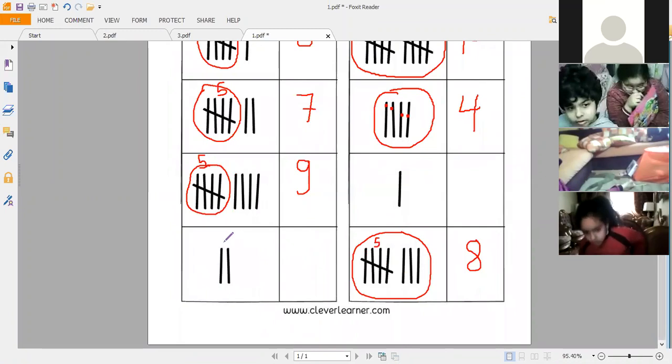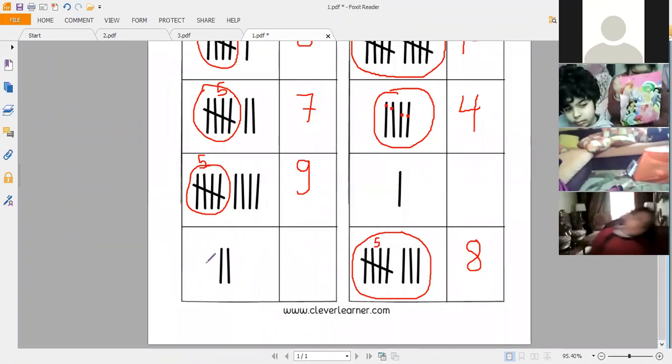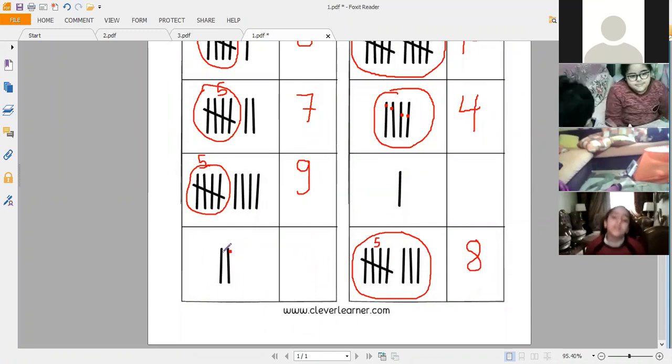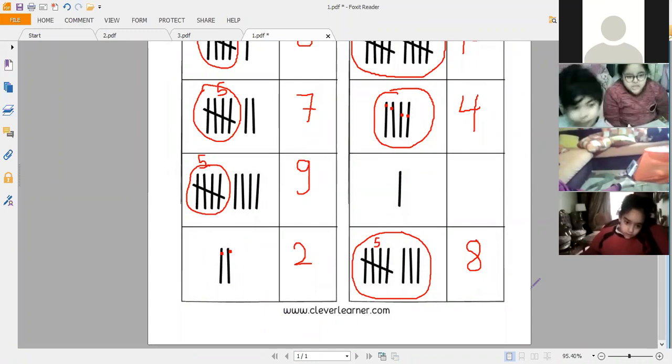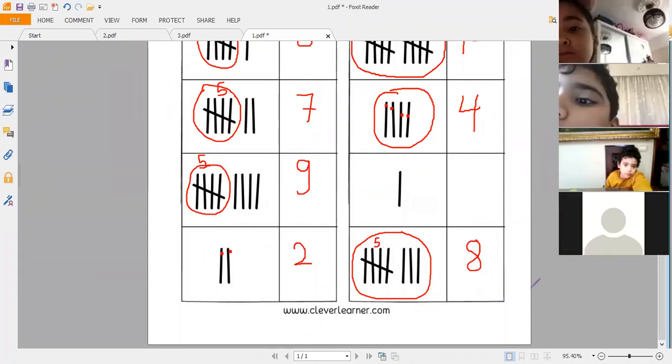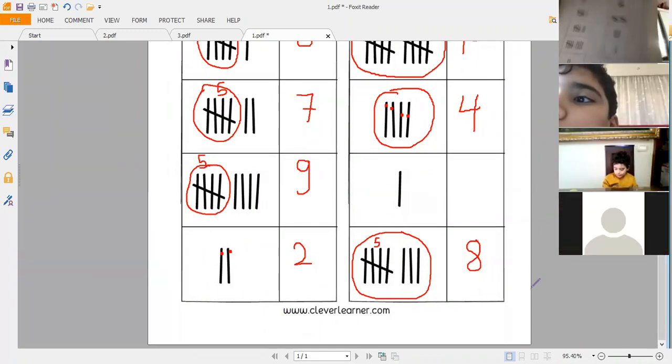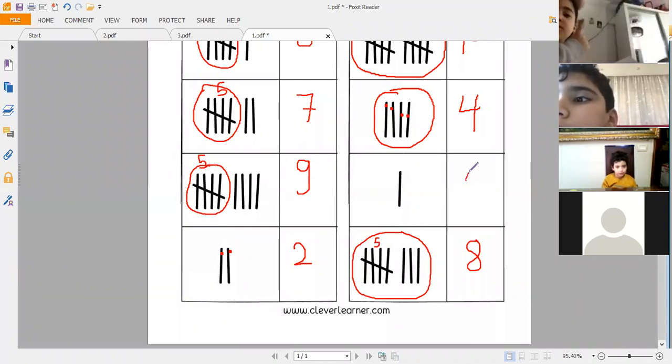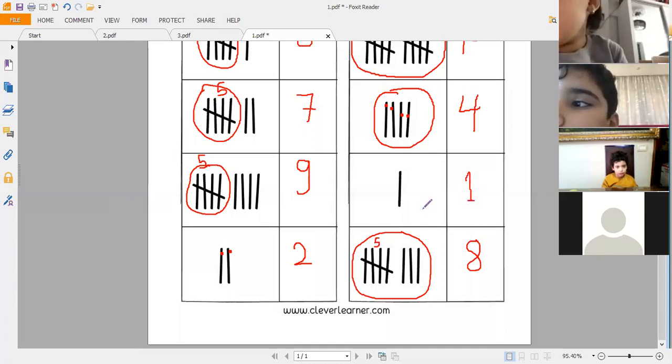Which number do these tally marks represent? 2. 1, 2. You will count 2. And finally, which number does this tally mark represent? 1. Very good.